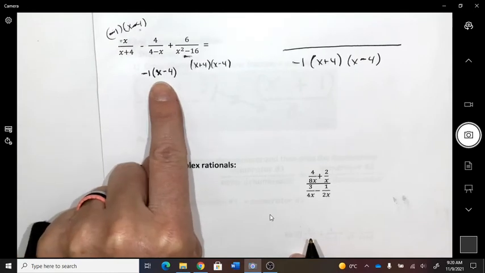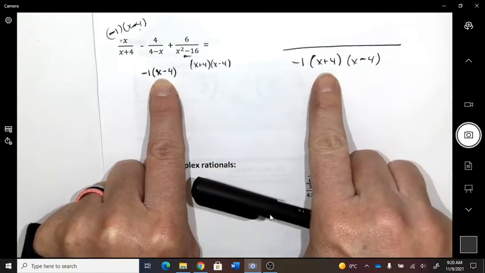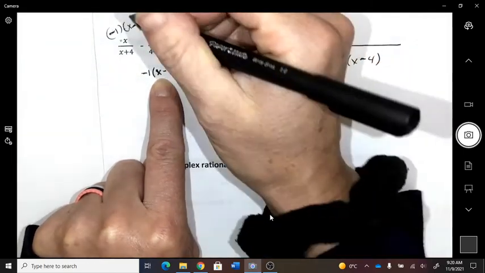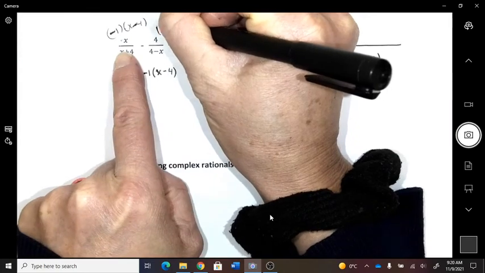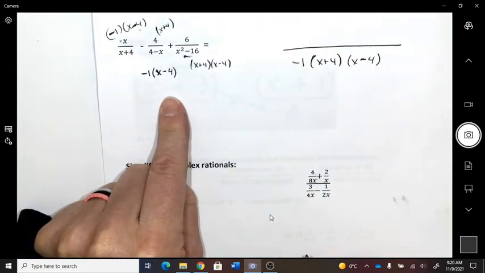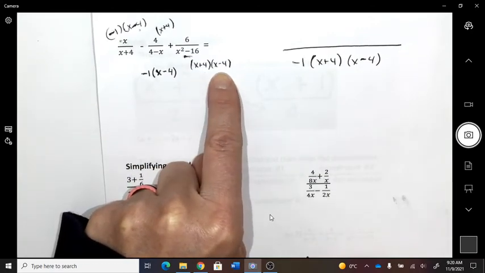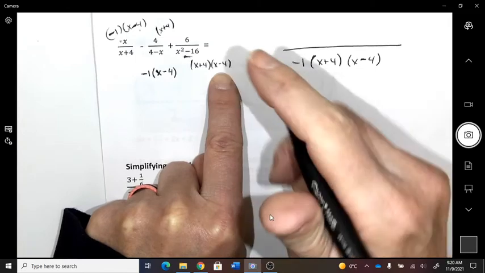Okay, next, I had that. So I was missing an x plus 4. So x plus 4. And here I had that, so I'm missing a negative 1.